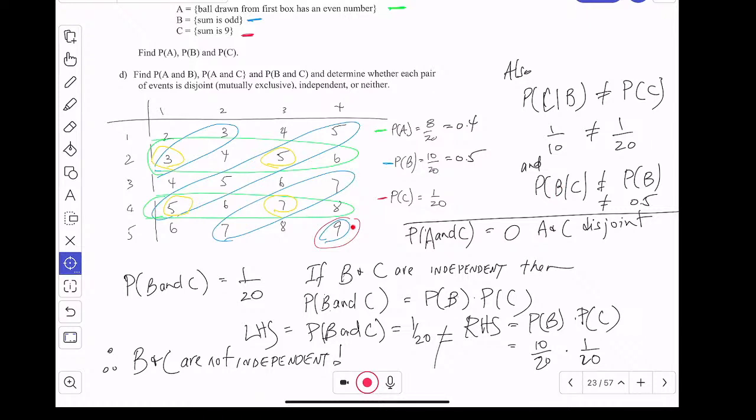So if you're inside of C, what's the chance of being B?